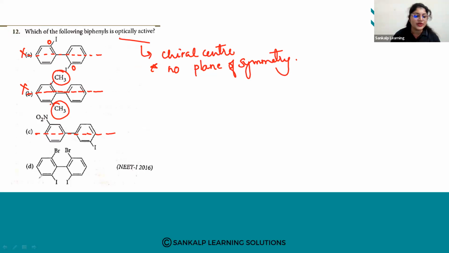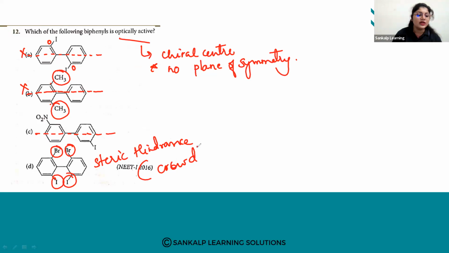In option D, you can see that all these atoms are crowded. These are all ortho substituted, and because of the presence of these atoms, there is steric hindrance. Steric hindrance means there is a crowd.